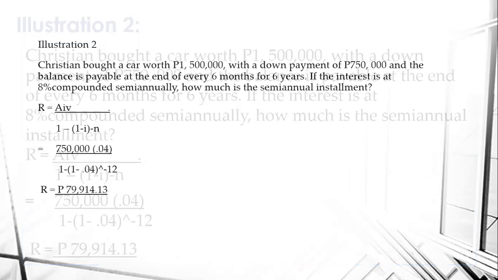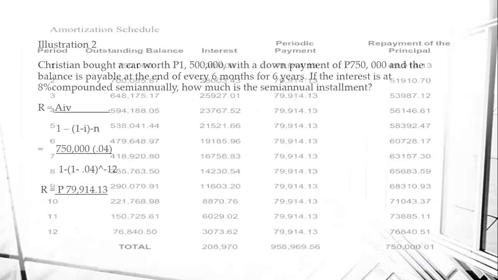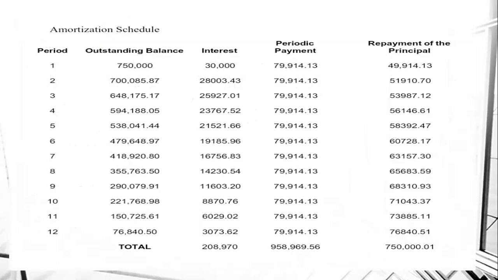Next natin. Next table is amortization table nito. Tong first period is tong iya nga cash nga ginhulog, 760,000, then interest nga 30,000. Nakuha na itong 79,914 is itong kagina nga formula.